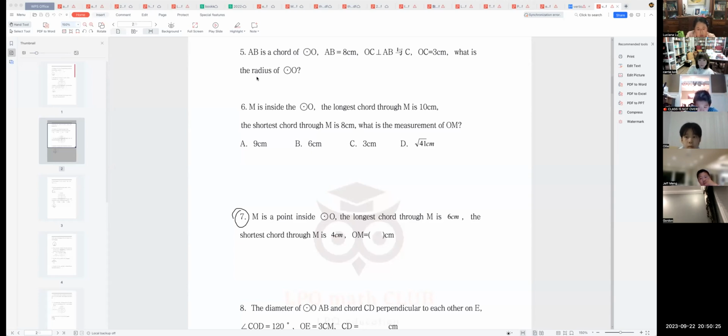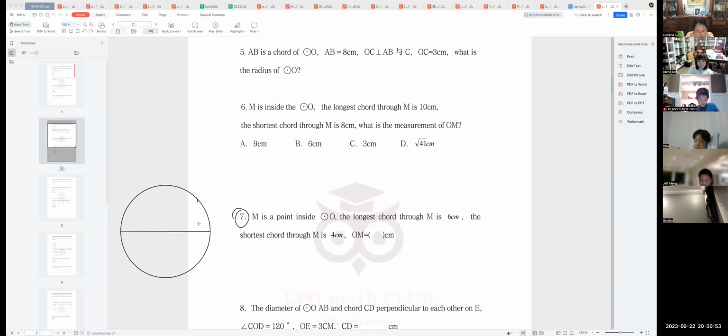Okay, let's take a look at this one. I'm going to start to explain. Okay, Ollie, did you finish? So the longest chord through M is 6.